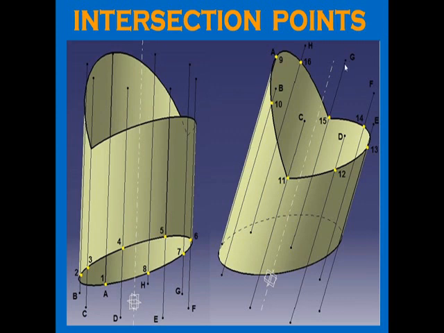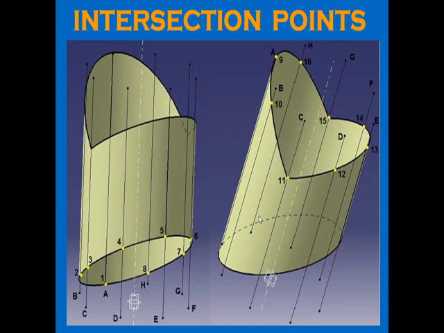Intersection point 15 is the intersection of the generator G with the cutting plane, and last, intersection point 16 is the intersection of the generator H with the cutting plane. So like this, there are 8 plus 8, 16 intersection points which these three cutting planes, 1, 2 and 3, make with the cylinder.